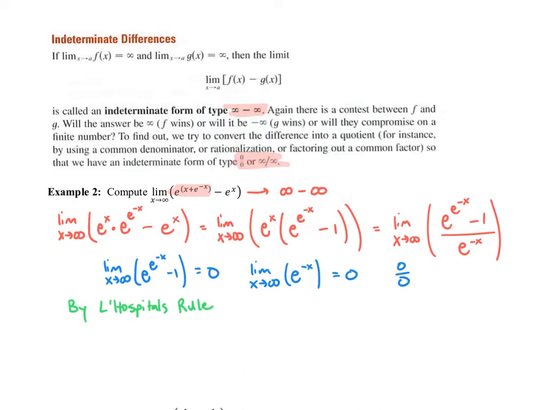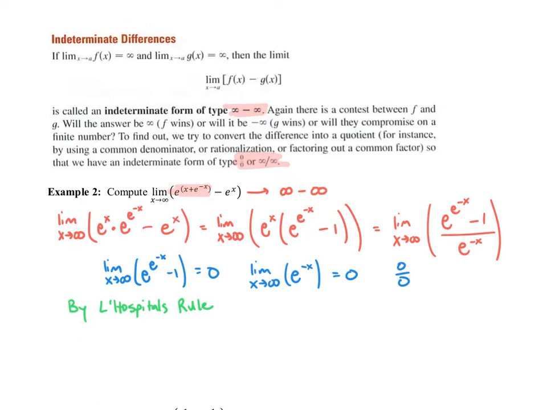Okay, I'm going to take the derivative of the original numerator. Now keep in mind that with e to the negative x, I am going to get that in return when I take my derivative. That's one of those properties of e to the x. But I have to multiply, because of the chain rule, by the derivative of e to the negative x.